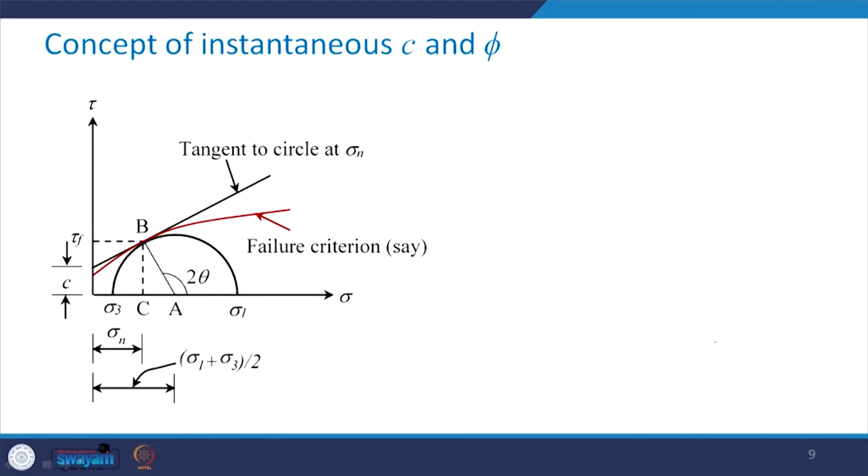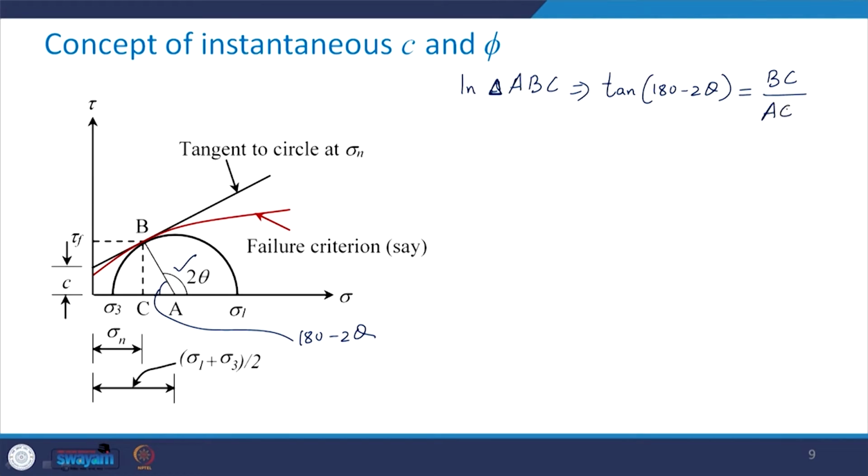Now again take a look at this triangle ABC. So in triangle ABC, what are we going to have? See, this angle is 2 theta. So this angle is going to be 180 minus 2 theta. So in this triangle, what we are going to get is tan of 180 minus 2 theta is going to be equal to BC upon AC, tan of this angle.